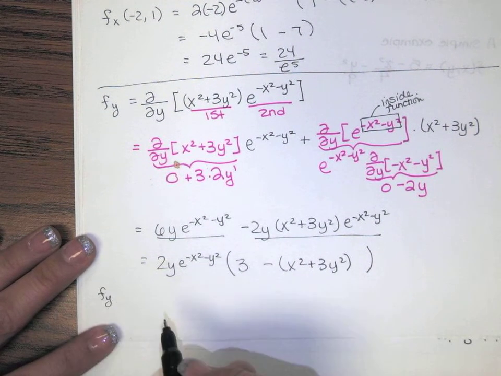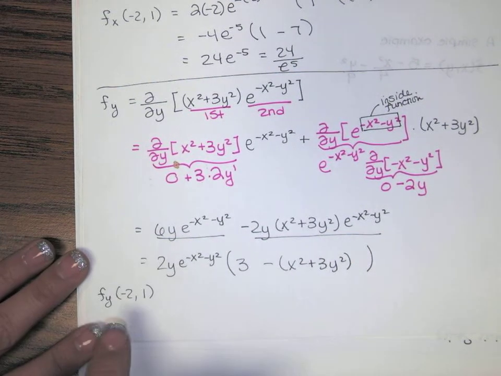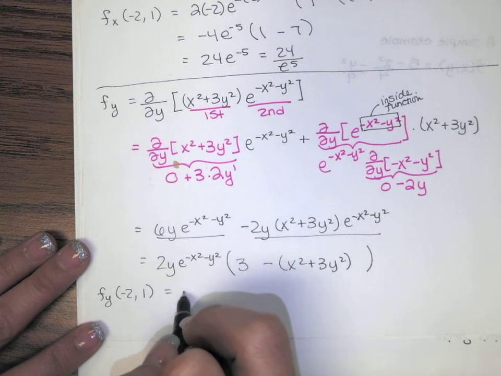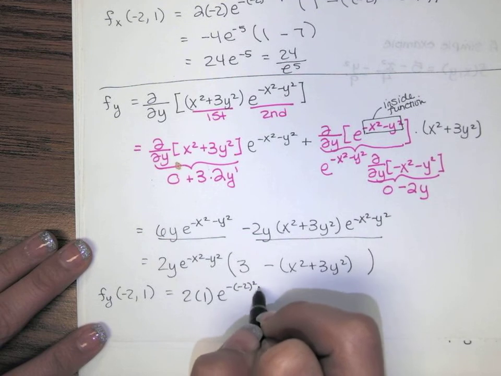Now, if I want the partial of f with respect to y at x equals negative 2, y equals 1, which is giving me the slope in the y direction at this particular point, I substitute in y equals 1 and x equals negative 2.